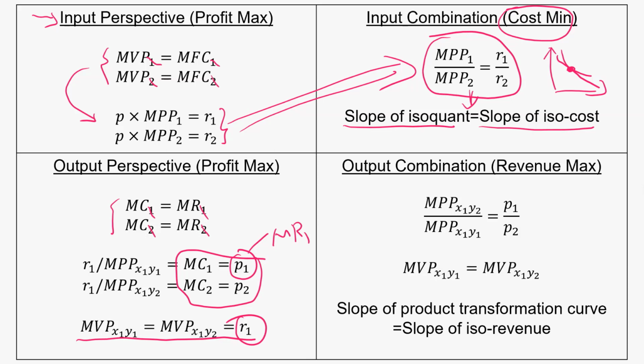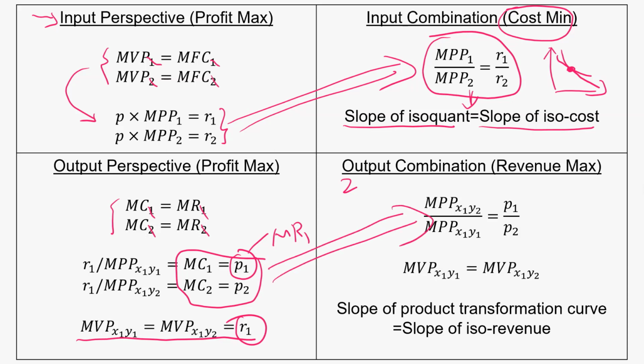And again, analogous to the input combination, we also have the output combination, where instead of solving a cost minimization problem, we have to solve a revenue maximization problem. This is when we have two outputs and a single allocable input. And again here, the optimality condition can be derived from the profit maximization conditions.